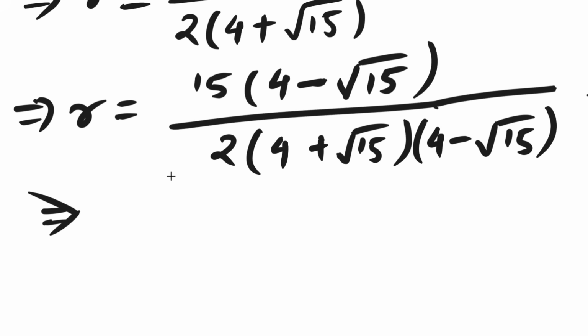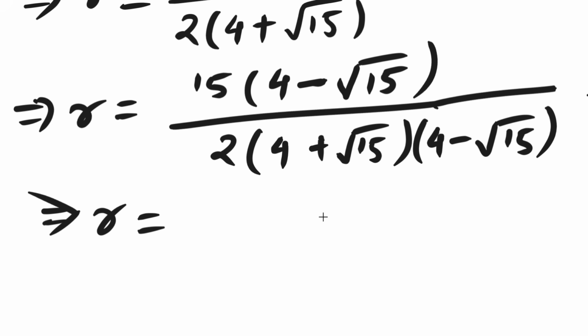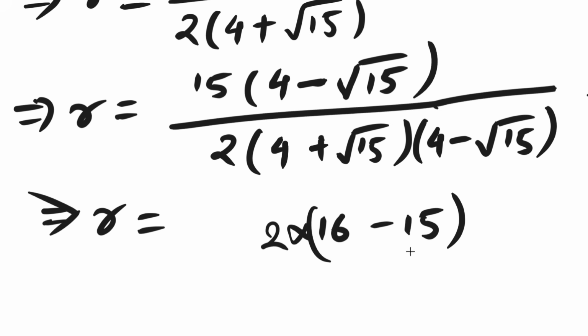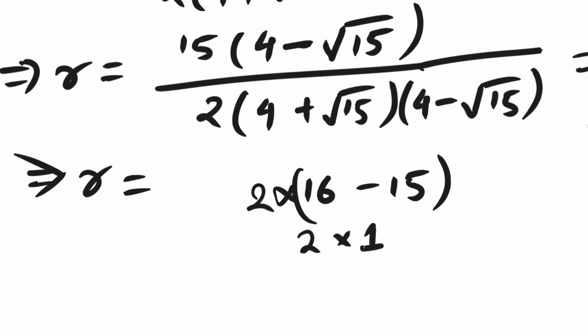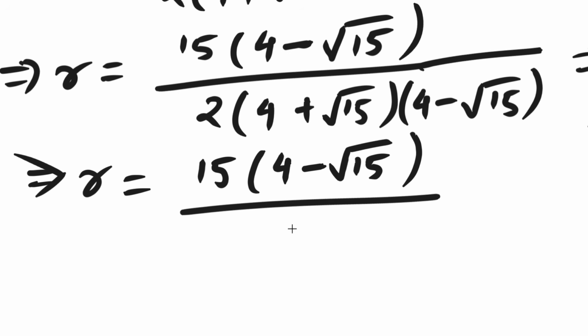Now notice the denominator contains a difference of squares. 4 squared is 16, and the square root of 15 squared is 15, so the denominator becomes 2 multiplied by the quantity 16 minus 15, which is simply 2 multiplied by 1, giving 2. Therefore, r equals 15 multiplied by the quantity 4 minus the square root of 15, divided by 2.